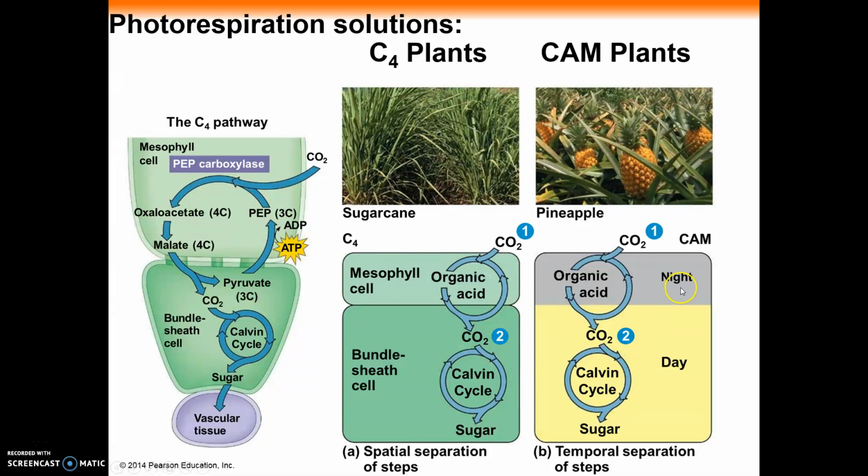So during the night, when it is cooler, you open up the stomata and allow that CO2 to come in. You then fix it into organic compounds, and then when the daytime comes, you close those stomata, and then you can release that CO2 to start coupling it with photosynthesis in the Calvin cycle.